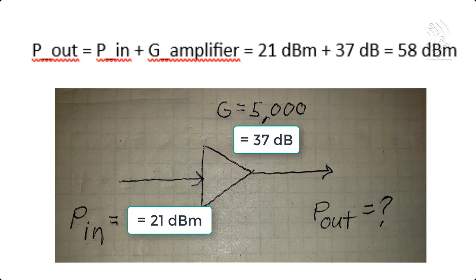Now the output power of the amplifier can be calculated as P out equals P in plus G, or the gain of the amplifier, and that is 21 dBm plus 37 dB, and the output power then expressed in dBm, or dB relative to 1 milliwatt, is 58 dBm.